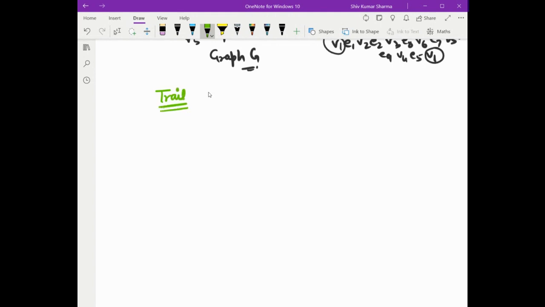Now next is trail. We define trail. So the trail is also a finite alternating sequence.